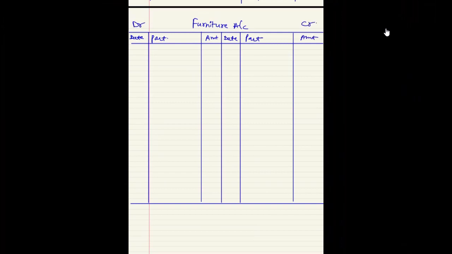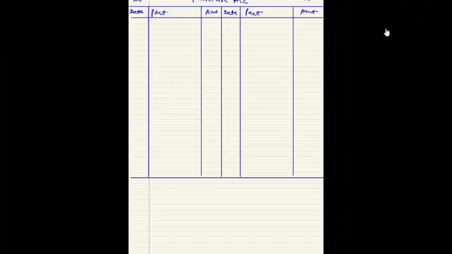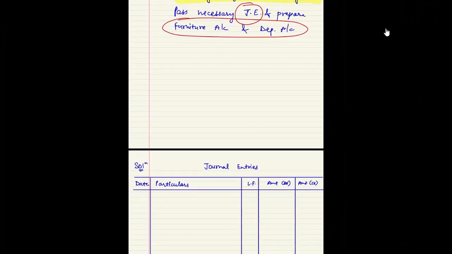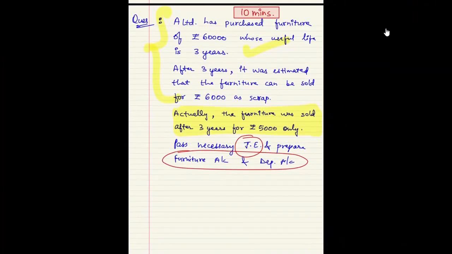This is amount debited and here also amount credited. Okay, we are done with the formats and let's start working on this question. As per this question, we will prepare our solution.